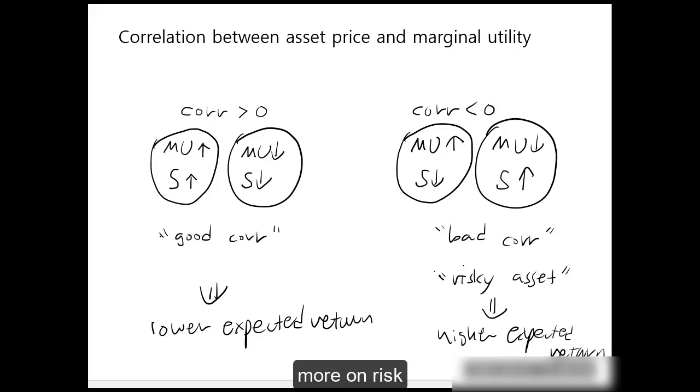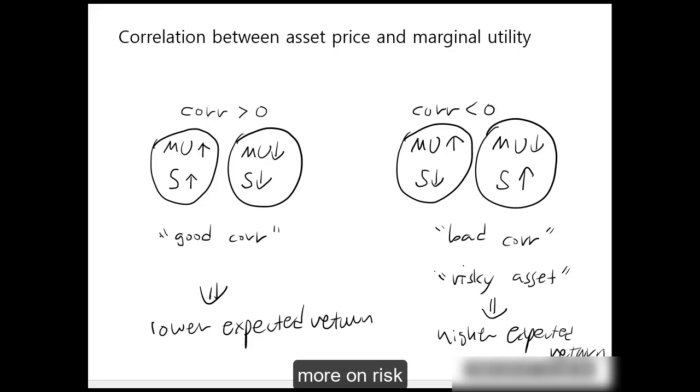For some assets, the price of the underlying asset may move in the same direction as the marginal utility. What it means is when you really need money, your investment gives you extra money. When you don't need money, your investment doesn't give you any money. So that's positive correlation.